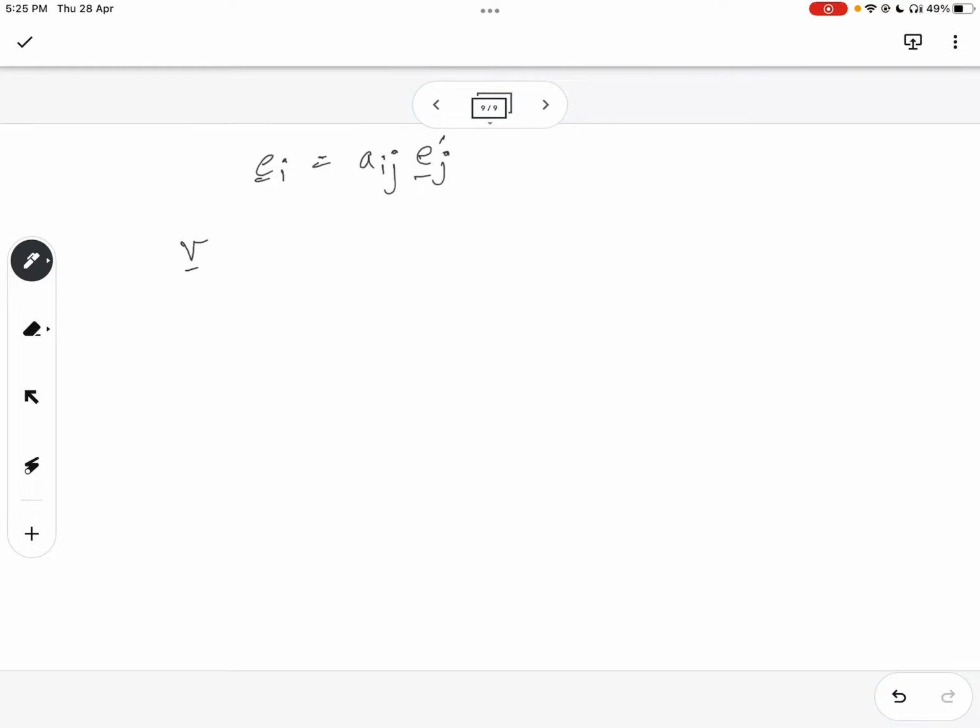So going back to our expression of vector in terms of the components, V is equal to Vj prime Ej prime and is equal to Vi Ei. Ei can be written as Aij Ej prime.